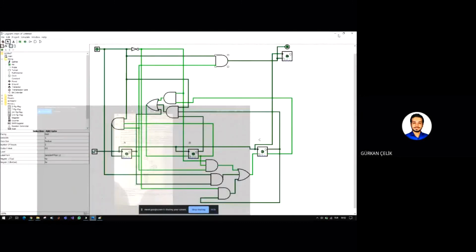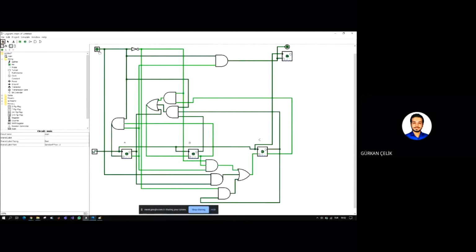Okay, let's try this. Input is 0, and 0, 0, 0. All of those are 0. Yes. And 0, 1, 1. True? Yeah, and the output is 0. Okay, then we go to the next one. The next one should be 0, 1, 1, and then with 0 input, it should be 0, 0, 1, right?